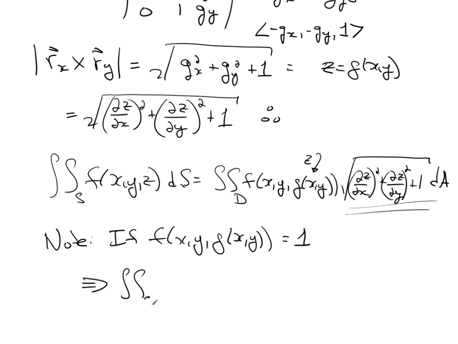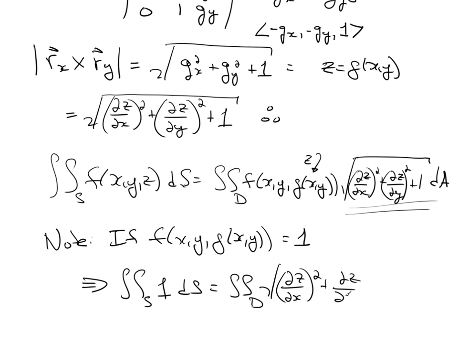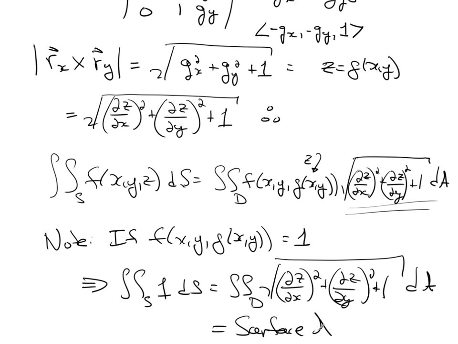I'll write that out real quick. The integral of 1 dS equals the double integral over the parameter domain of the square root of the partial of z with respect to x squared plus the partial of z with respect to y squared plus 1, dA, which is equal to the surface area.